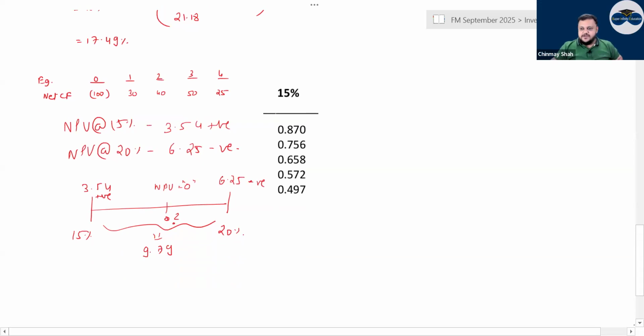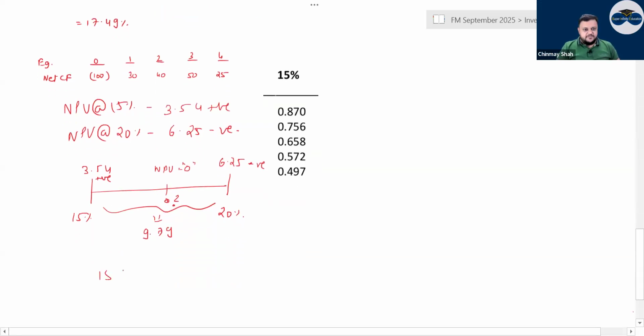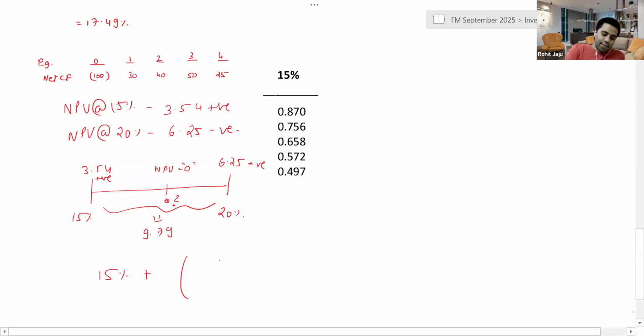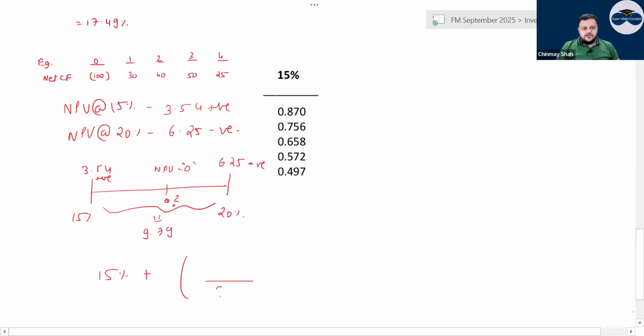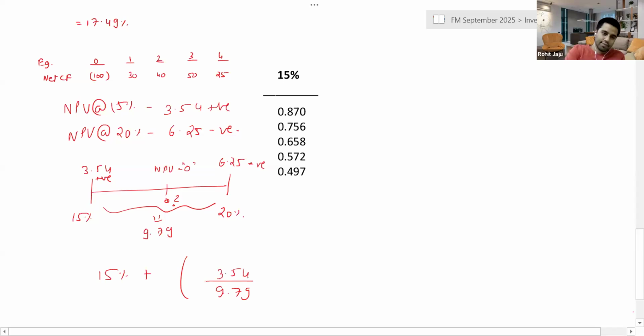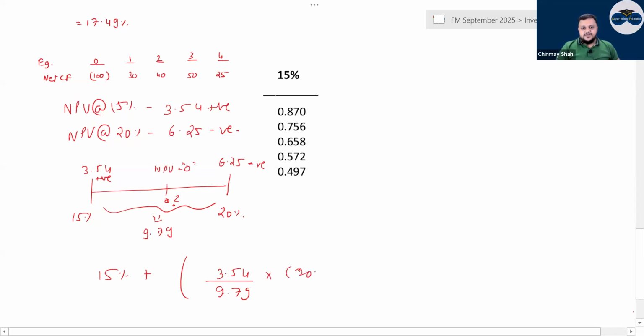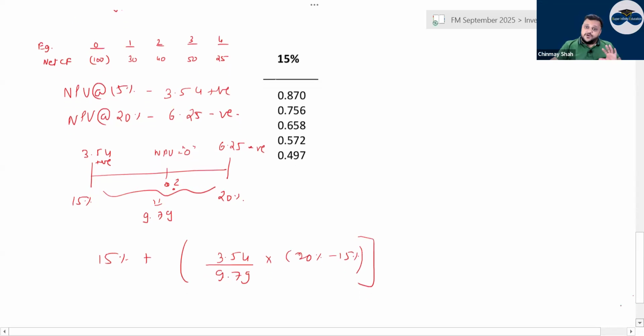Therefore, sir, I am traveling from 15%, plus total area of 9.79 in the denominator. I have to travel 3.54, into the difference, 20% minus 15%. Now find out how much the IRR is.